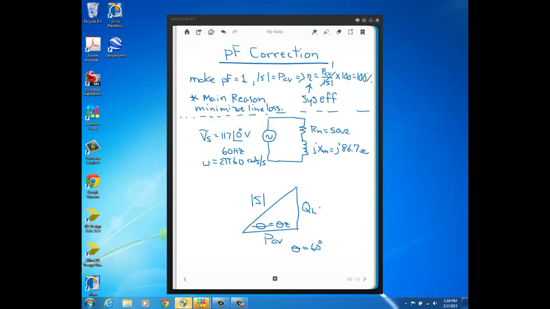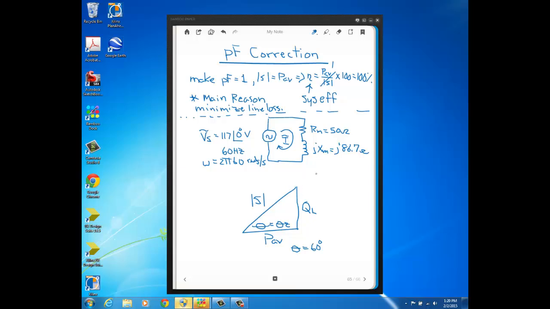The next thing we can do is come up with the apparent power. Apparent power is just the voltage across the impedance multiplied by the current through the impedance. We can get this current because we know the source voltage and we know the impedance.